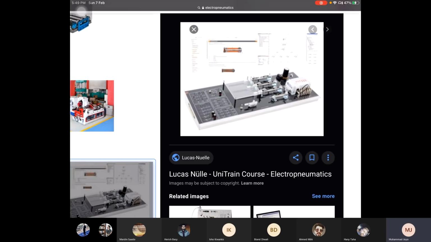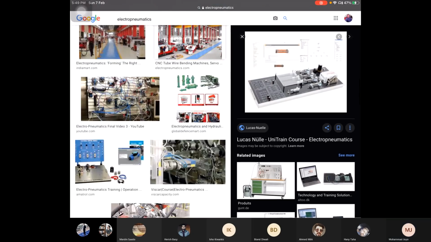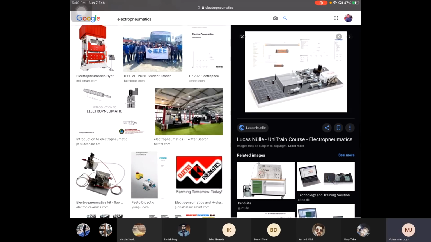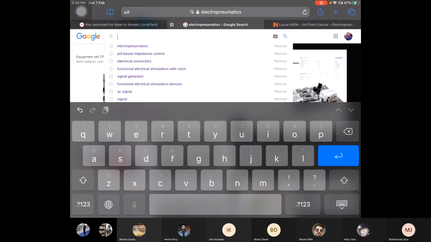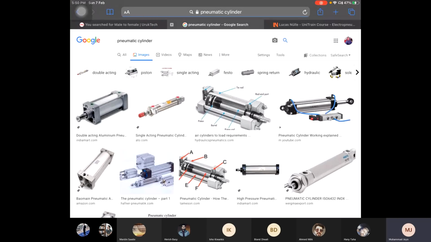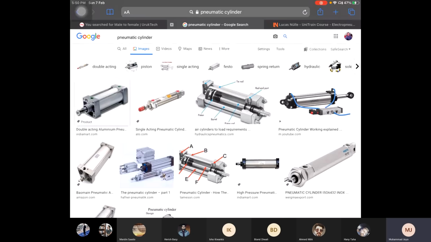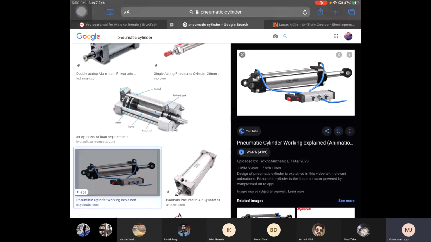If you want to see the whole system of pneumatics... This is what a pneumatic cylinder looks like. In this figure, this is basically a cylinder, and it is attached to a valve.